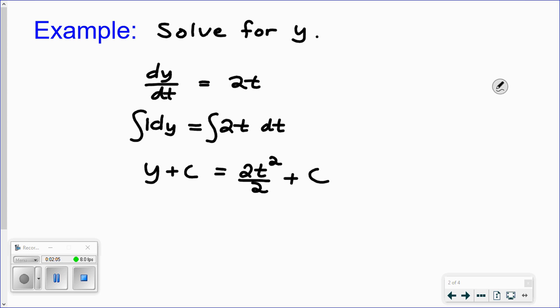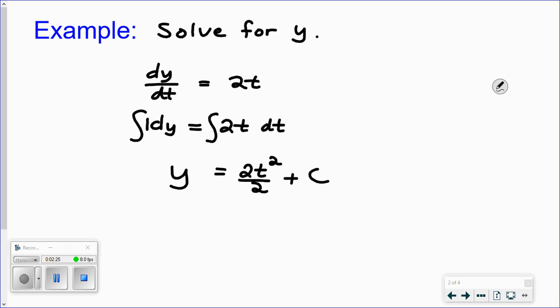Then you're just going to solve for y. Technically, you do add a plus c to both sides, but eventually you'll just move the constant of integration to one side. So we kind of get in the habit of just adding the plus c to the right side.